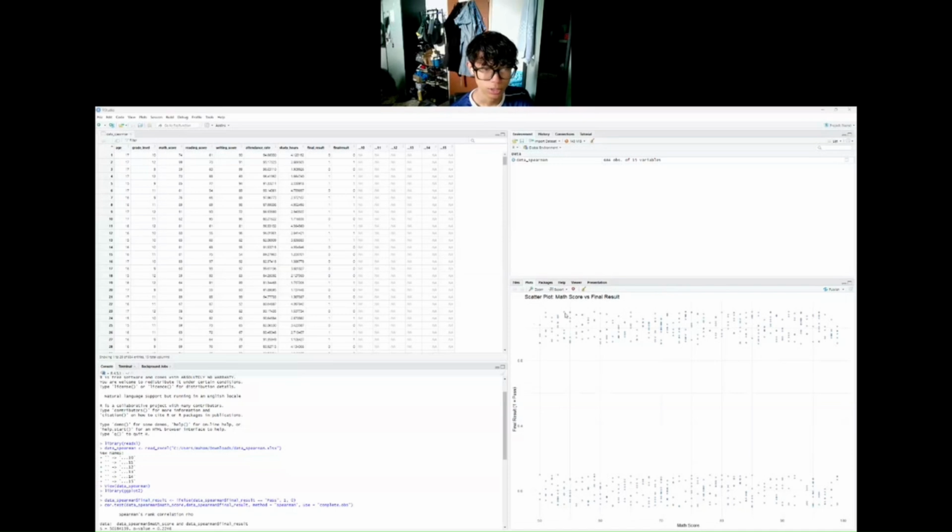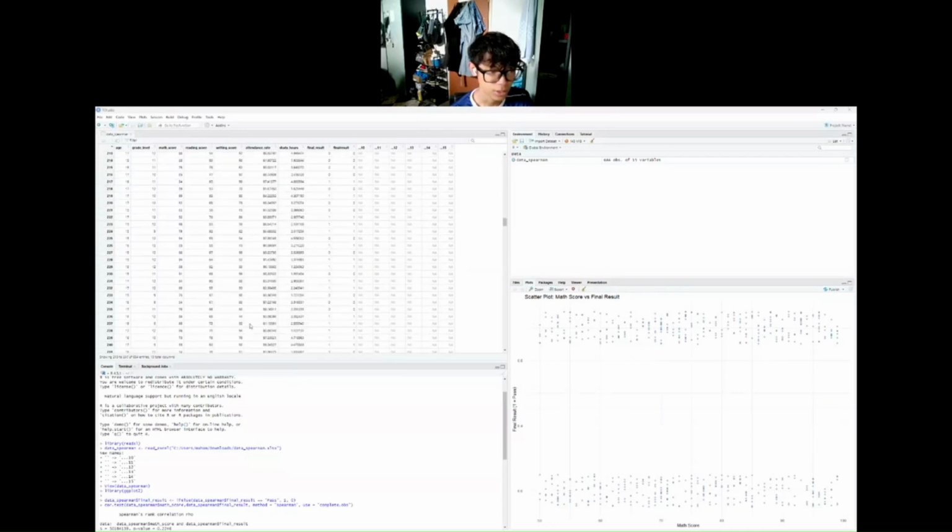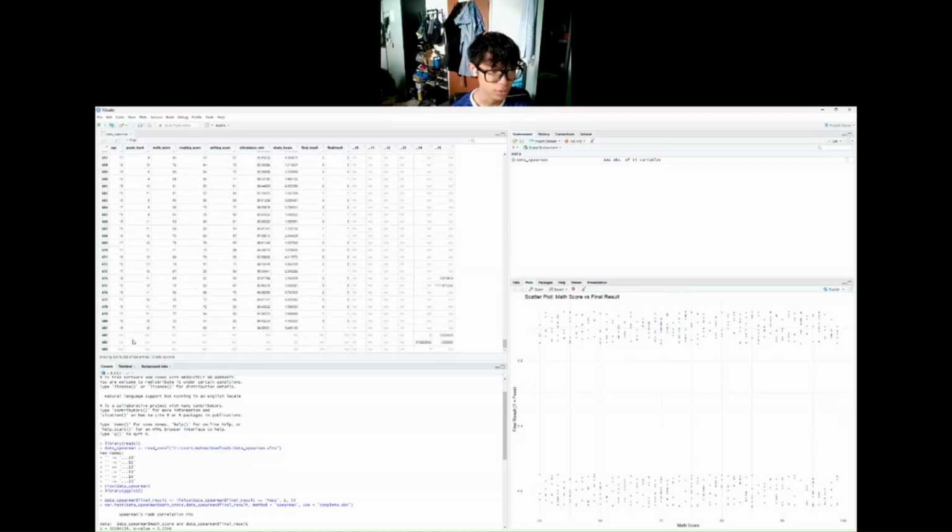So for the correlation between math score and final result, X is denoted as math score and Y is denoted as final result, pass or fail, where N equals 681. As you can see here from the data set, we have 681 entries of students.